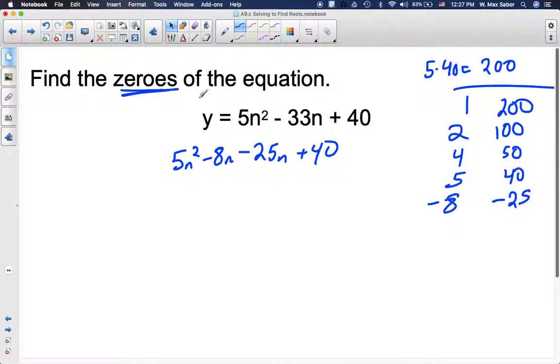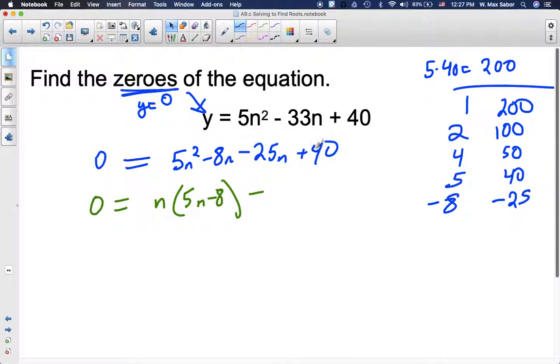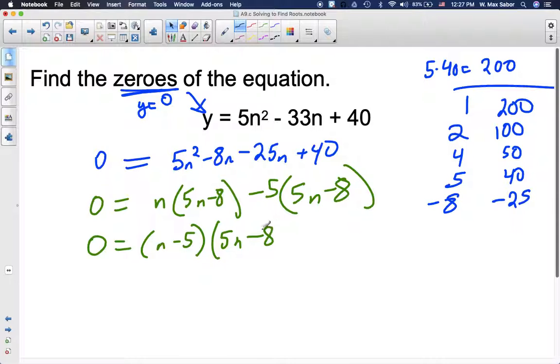And because it's zeros, we're saying y equals 0. So 0 equals all that. Now we factor. These are both divisible by n, so n(5n minus 8). These are both divisible by negative 5, leaving us with 5n minus 8. Oh, good. So (n minus 5)(5n minus 8).